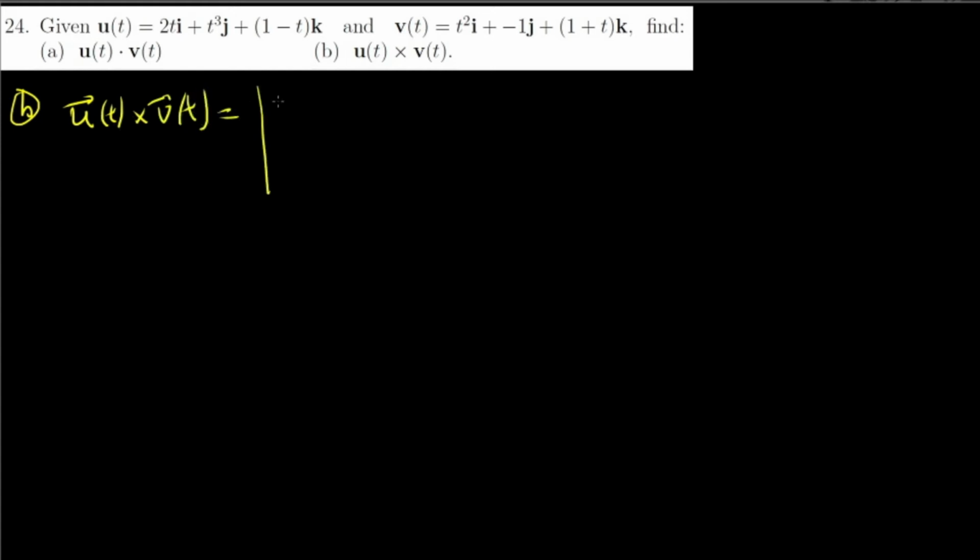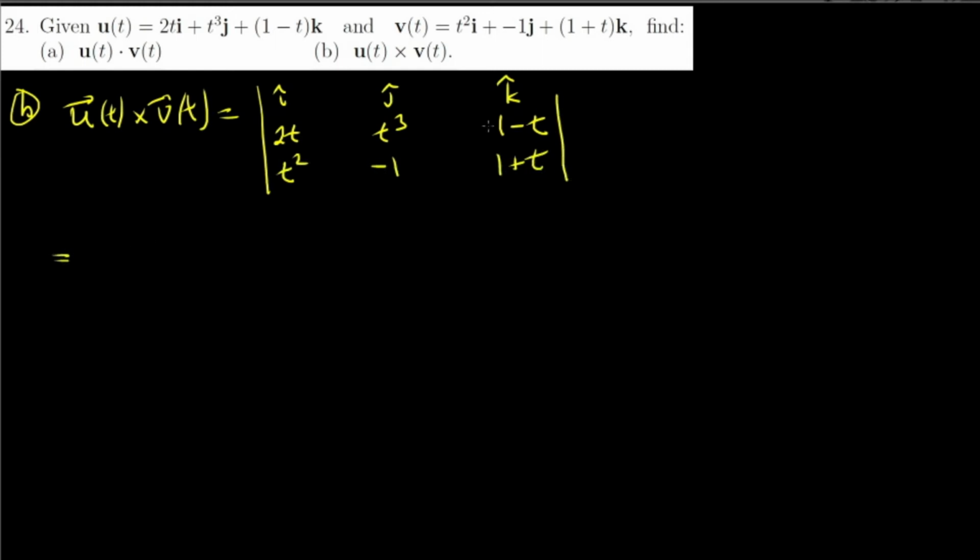Again, I like using the determinant. I'm going to make a little bit more space here. So u is 2t, t cubed, and 1 minus t. And for v, we get t squared, negative 1, and then 1 plus t.